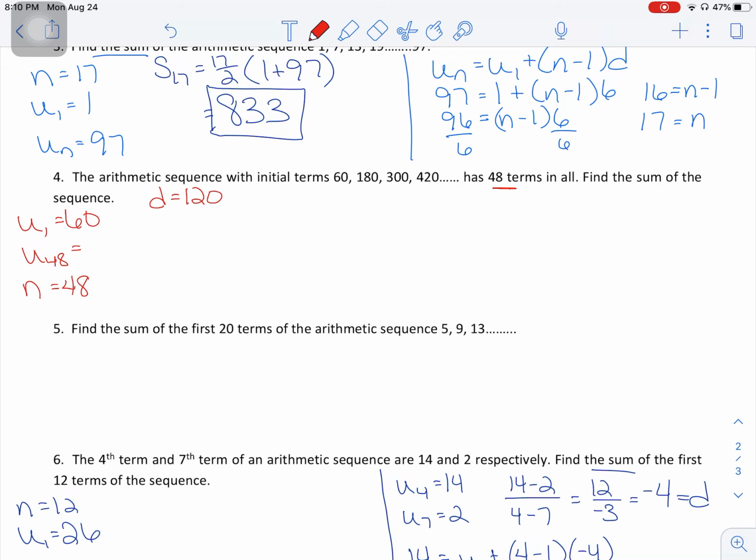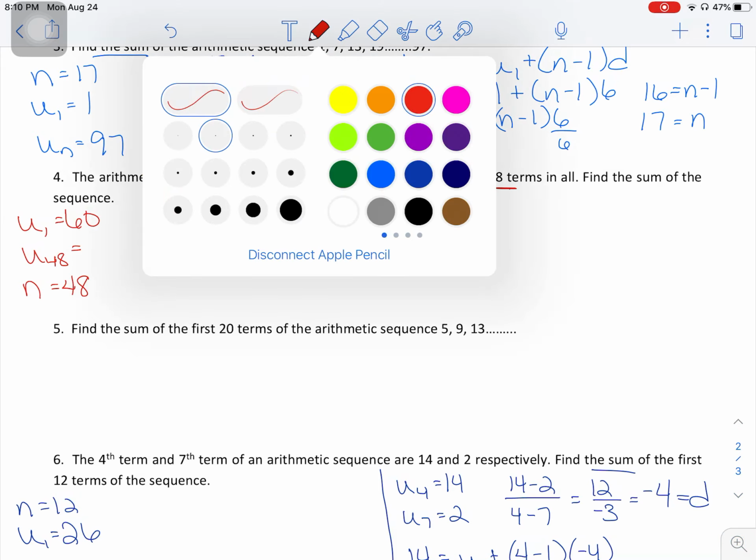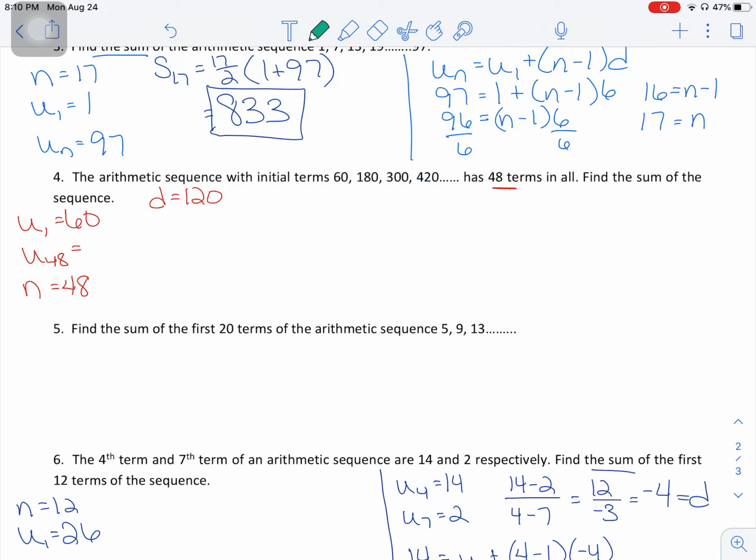So I am going to take a little side trip over here and figure out what u sub 48 is. I need my first term, that's 60 plus 48 minus 1 times my common difference. That's going in a calculator real quick.